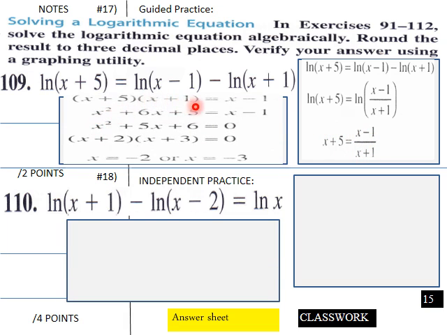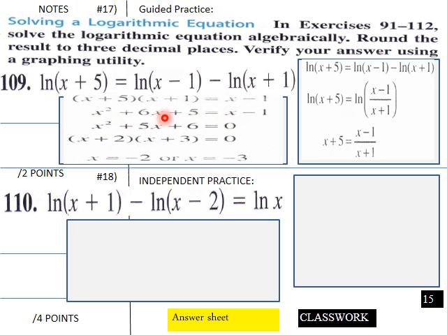And then to solve that, we move our x plus 1 over here, we multiply out, and then we have this equals x minus 1, and then we move this back over here, so x squared plus 5x plus 6.